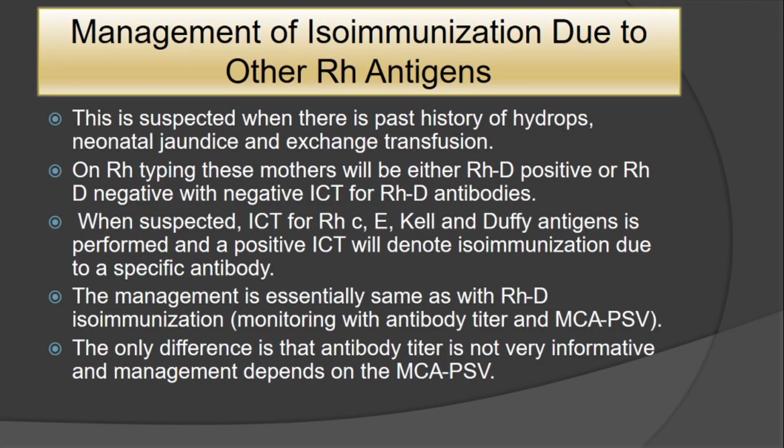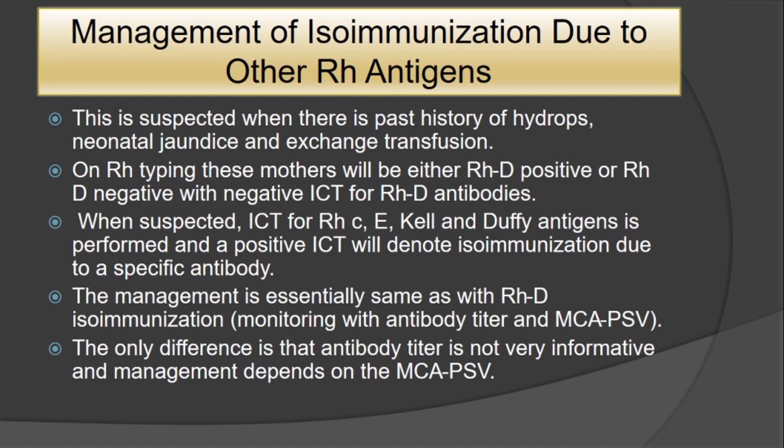They can cause isoimmunization, and they can also cause some problem in the fetus. So it is good for us to have a high index of suspicion for other rhesus antigens. And how do we know? How are we able to get this?